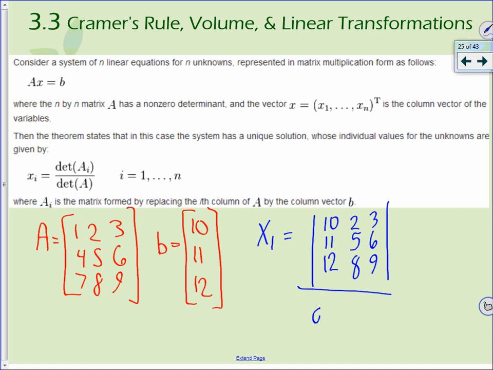Divided by the determinant of matrix A. So notice, because I'm trying to find x1, I'm replacing the first column with the constant side, which is B. And so it's the determinant of A1. So this is defined as A1 because we replace the first column of A with B. The determinant of that divided by the determinant of A would be x1. And then for x2, you would replace the second column with 10, 11, 12. And then for x3, you'd replace the third column with 10, 11, 12. And then you get the answer.